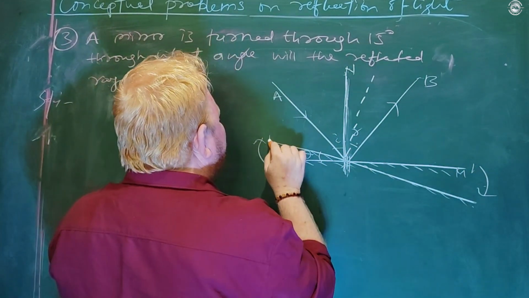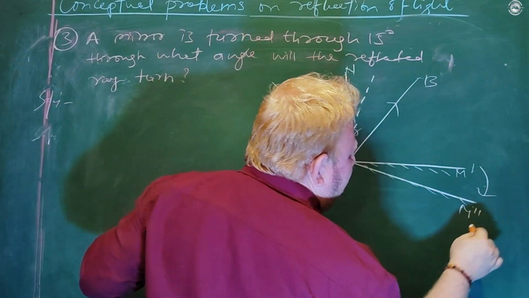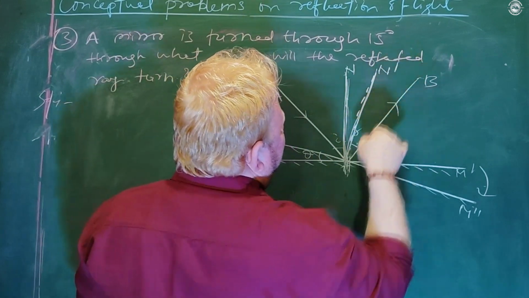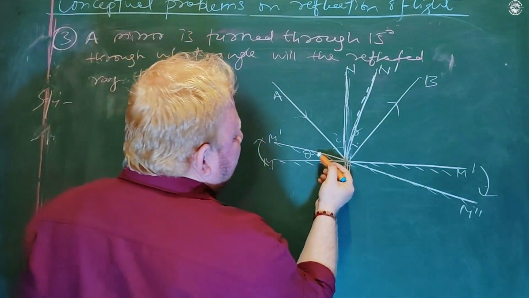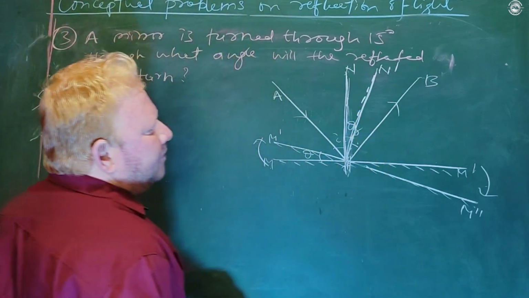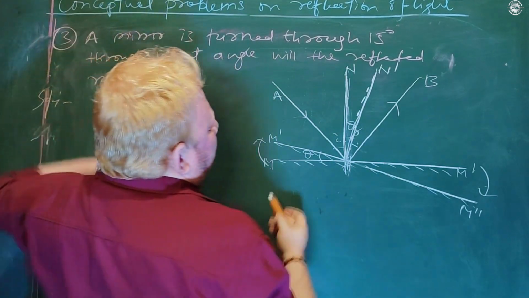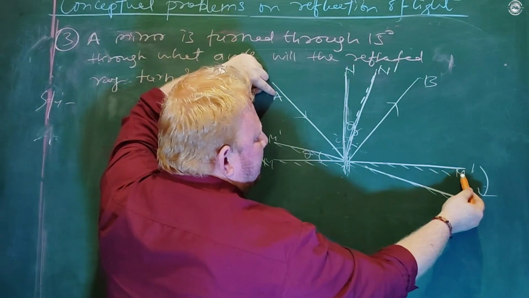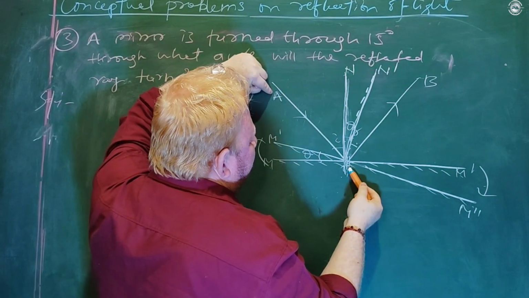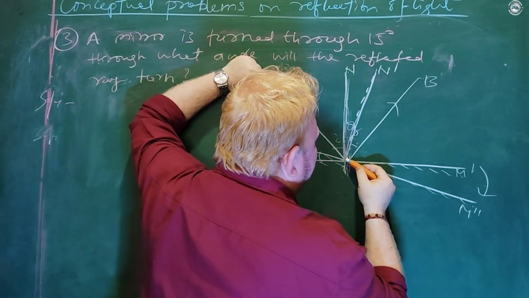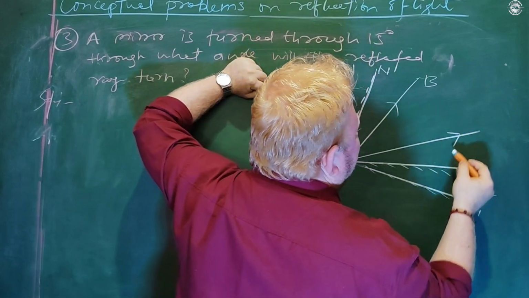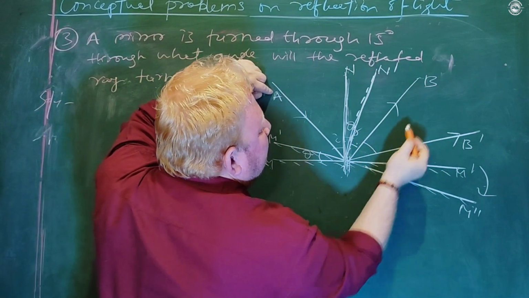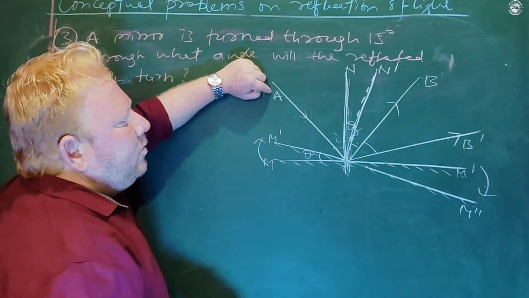Now after turning MM dash to M double dash, the normal will become this N dash O. If it is theta, then this will also be theta, right? Now if AO was the incident ray on MM dash, for the same incident ray, the reflected ray will be different. I think somewhat like this. This is B dash. Now the question is, what is this angle BOB dash?